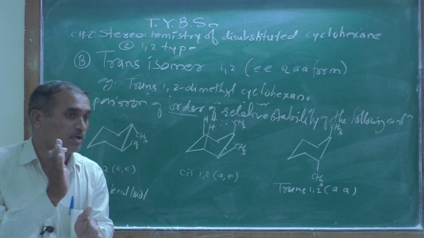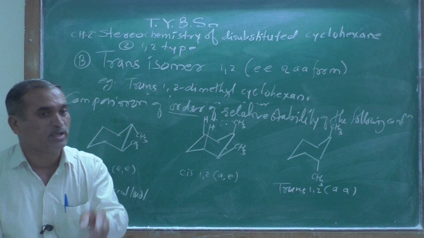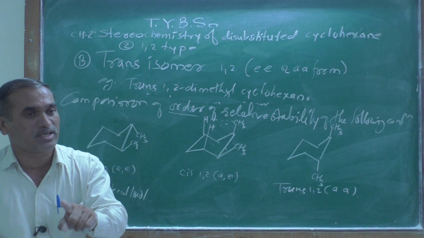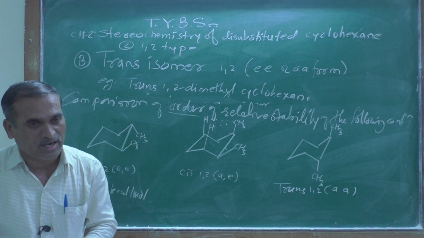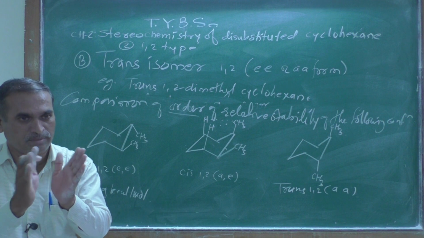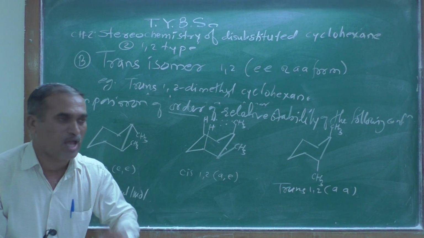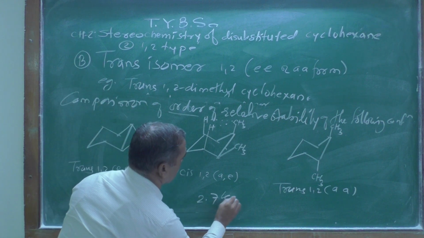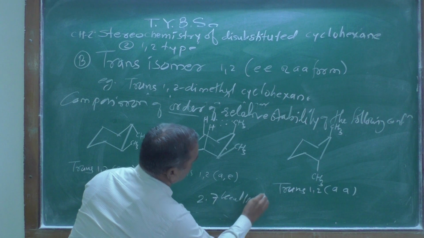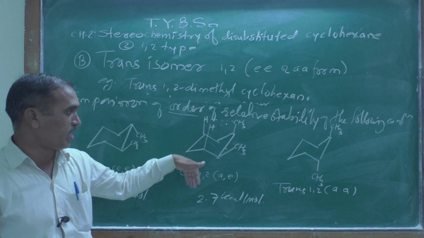So how much total energy? You calculate two 1,3 diaxial interactions and one butane gauche interaction. If you add this, the total energy is found to be 2.7 kilocalorie per mole. This much energy is associated with this molecule, right?